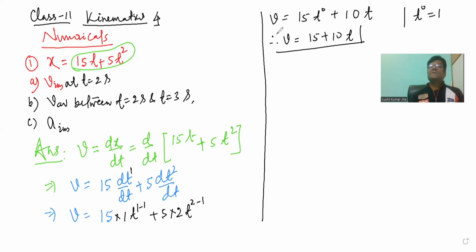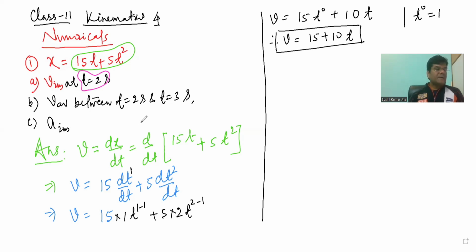Thus, we are getting the equation for velocity, which we are going to use now to find the various parts of this question. So what is it? Instantaneous velocity at t equal to 2 seconds.